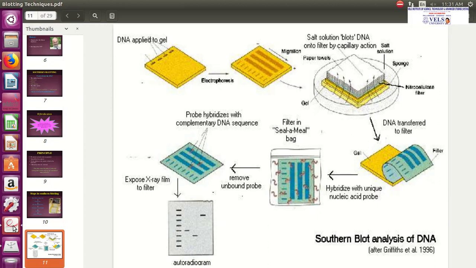Then after removing the unbound probes, it goes to the autoradiogram. When you expose the filter to the X-ray film, the autoradiogram will show you the double-stranded DNA. This is the method for detecting DNA using Southern blotting.